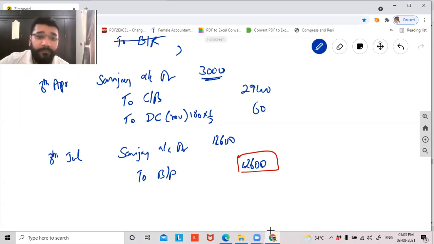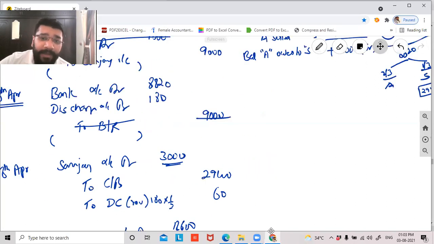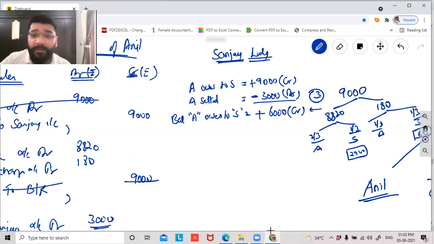Yes, sir. Now the moment this entry happened, guys, let's understand what is the position. Until the new bill was drawn, A was supposed to give only 6,000 to S. But instead, what did A do? A gave a bill payable worth 12,600.